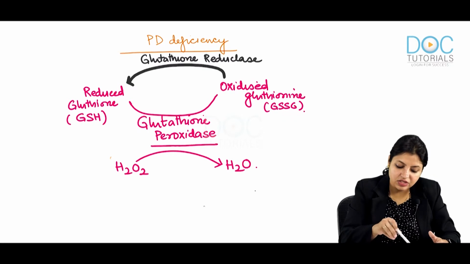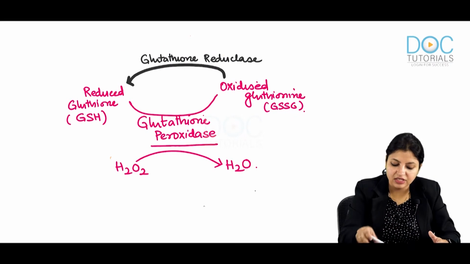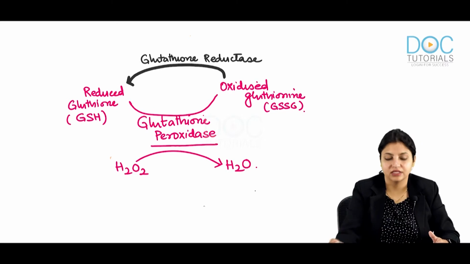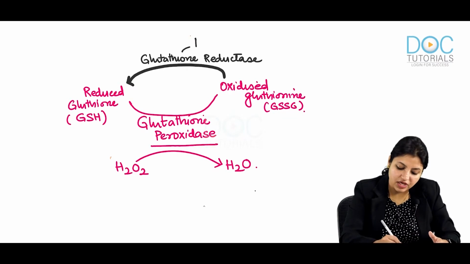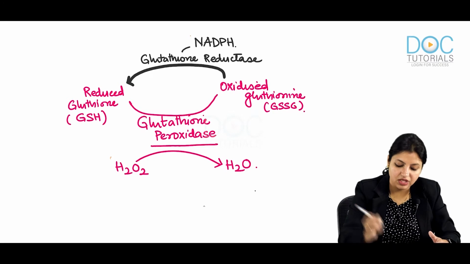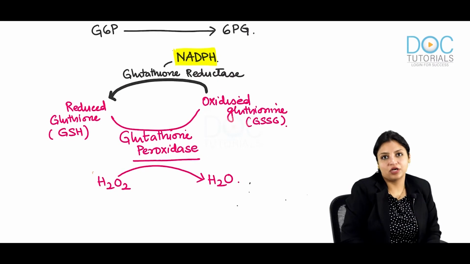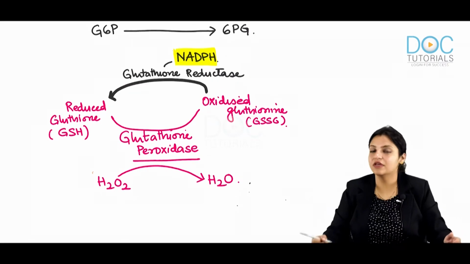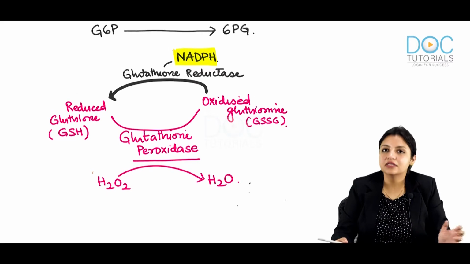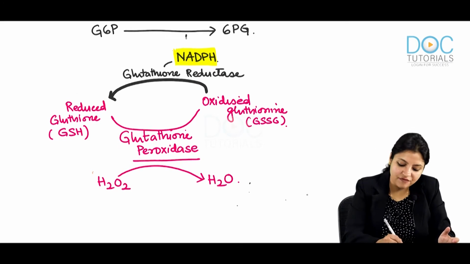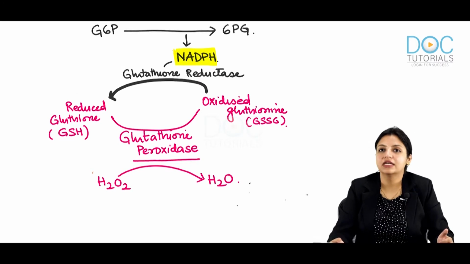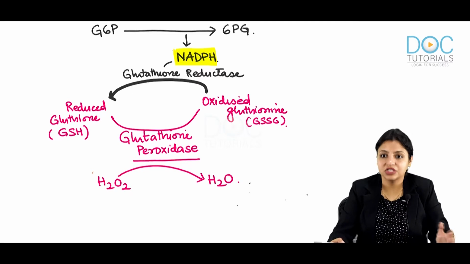But this glutathione reductase cannot work like this. It requires a very important cofactor for its functioning, and this important cofactor is NADPH. NADPH is produced by a very important reaction, in which glucose 6-phosphate is changed into 6-phosphogluconate.